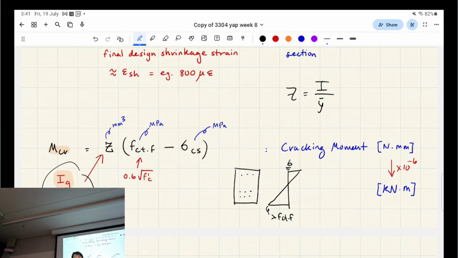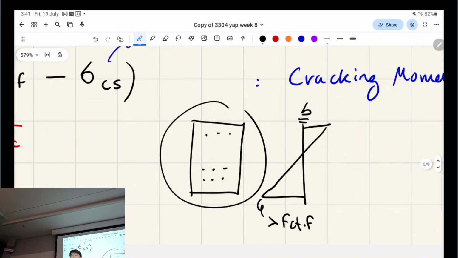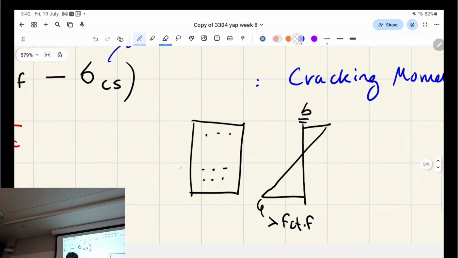Basically, it's the centroid of this rectangle in the middle. Why? Because it's heavy. Very good. So because there's more steel in the bottom, the centroid's going to be a bit lower, right? It's going to drag the centroid down a bit, right?